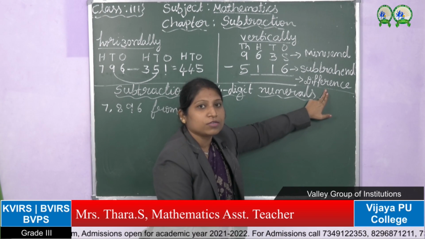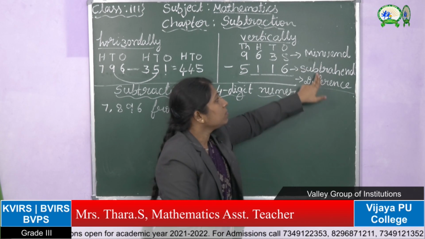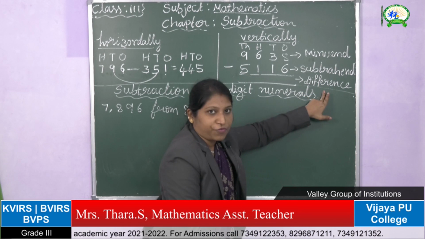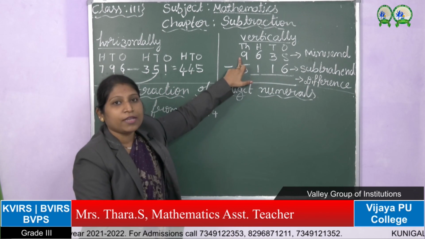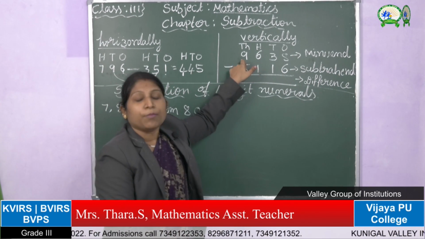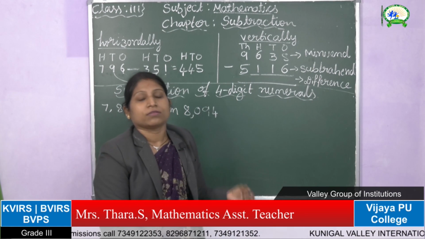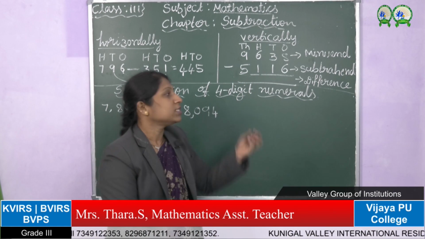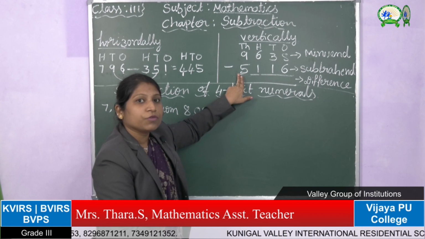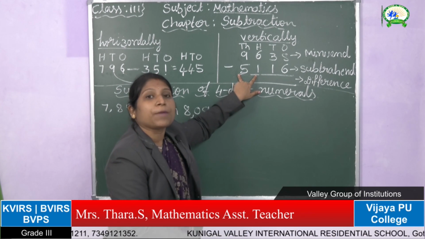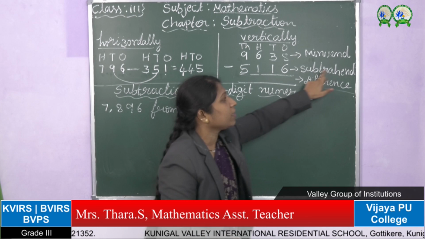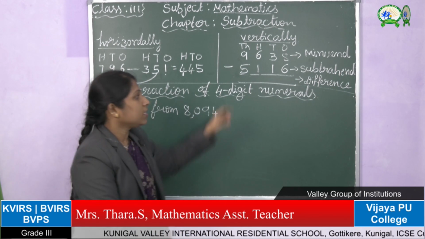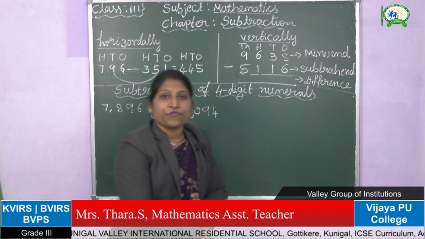I hope all of you have understood. Minuend, subtrahend and difference. What is the minuend, children? The minuend is the number from which we subtract. The number which is subtracted, we call the subtrahend. The result we call the difference.